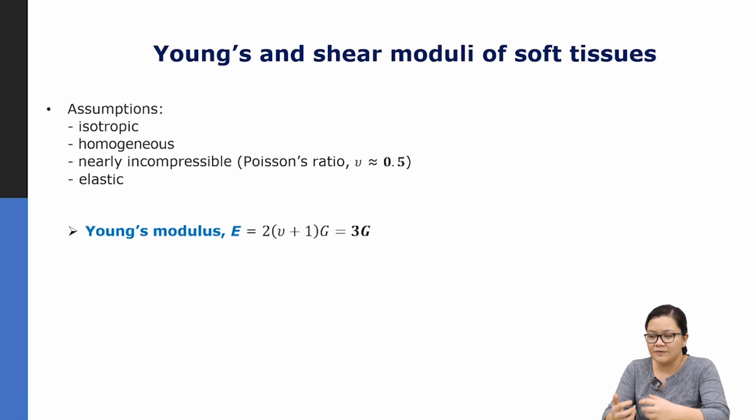In elastography, we typically use the shear modulus. If you would like to estimate what the Young's modulus is, then under these fairly simplistic assumptions of the material, the relationship between the Young's and shear modulus is just by a factor of 3. So we'll talk more about this when we get into shear wave elastography.